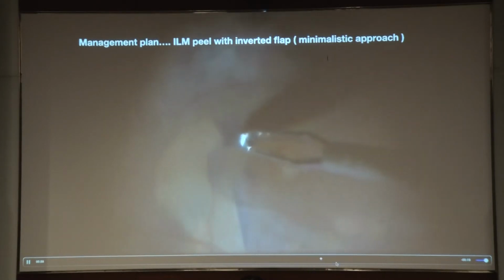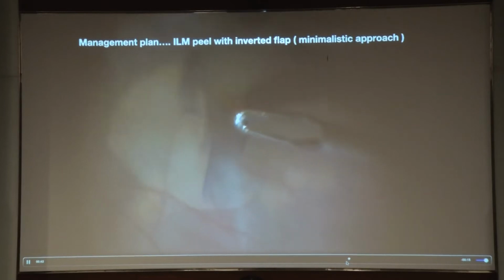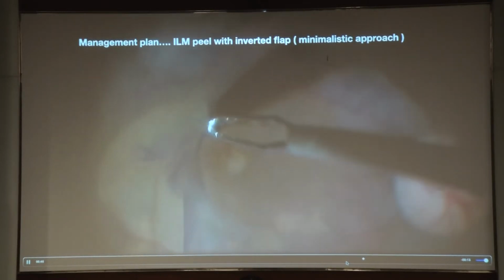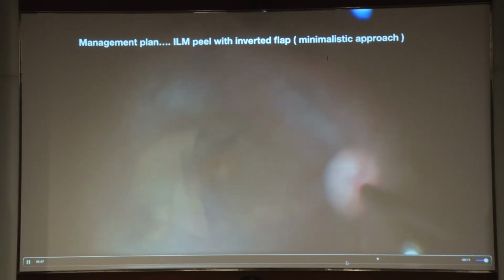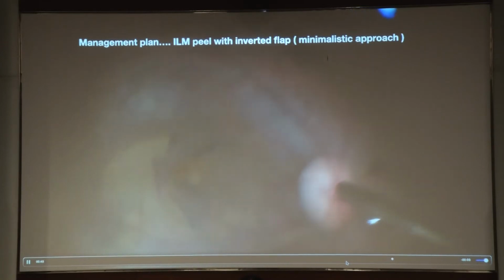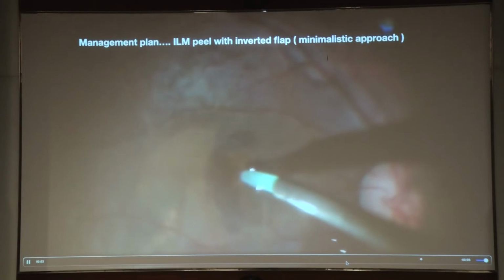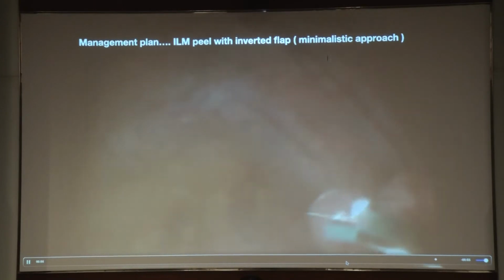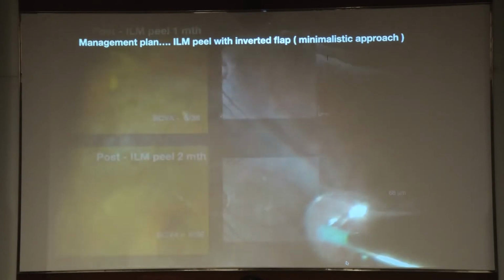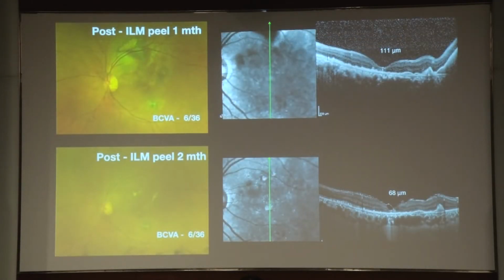It's not the idiopathic macular hole that we used to get. I tried to put this flap just overlaying the macular hole area. I drained a little bit, and blood was not there. So my whole flap was just overlaying the macular hole, and postoperatively the hole was closed. After 2 months, vision improved to 6/36.